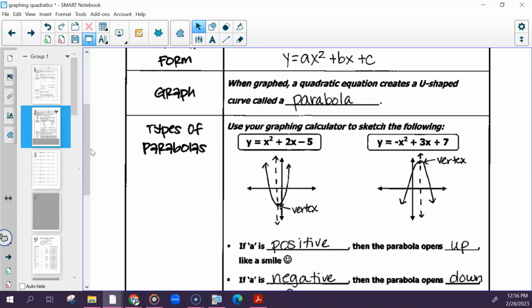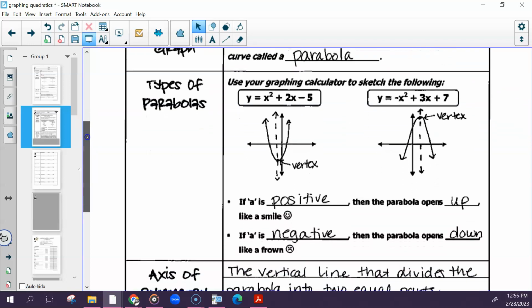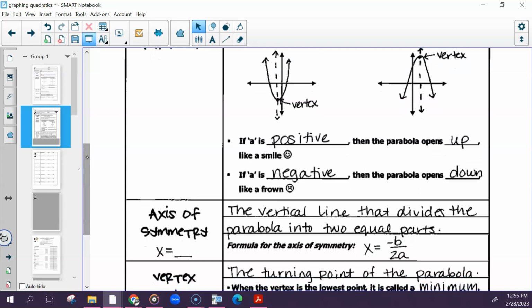Anyone still need these two? Once everyone has the sketches, I'll scroll down a little bit more. I'm still drawing this part.